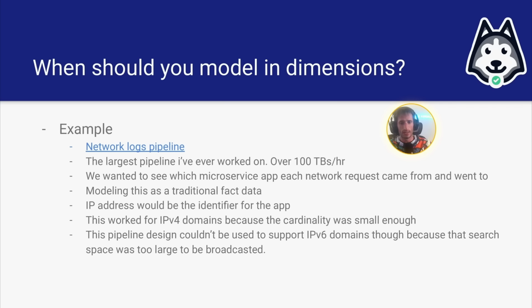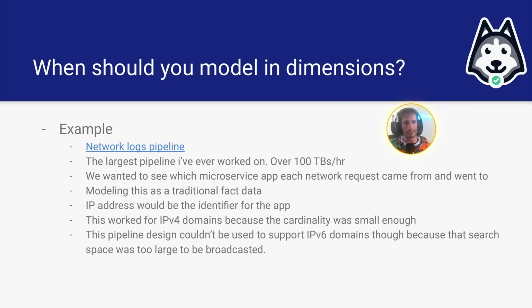But one of the things that happened was we realized this pipeline needed to be upgraded. We needed it to go to IPv6 instead of IPv4, and we needed to bring in a lot more IP addresses. Then we realized this join is no longer going to work.